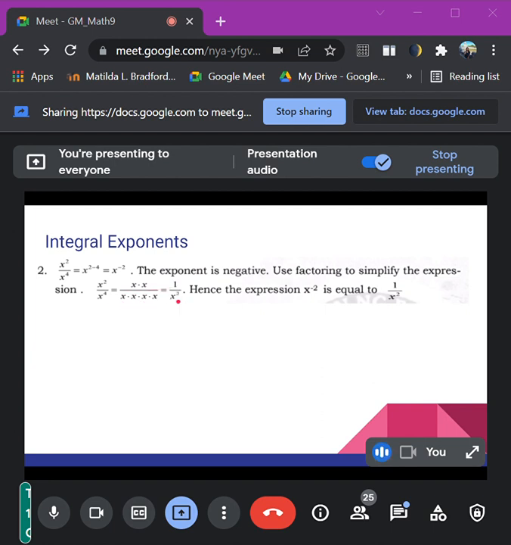So you will have x raised to 2. The final answer for our x raised to negative 2 is 1 over x raised to 2.